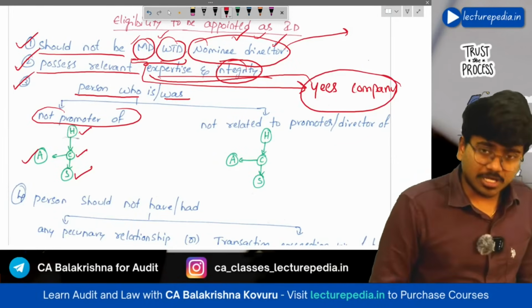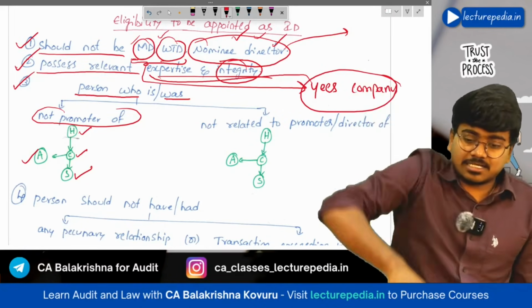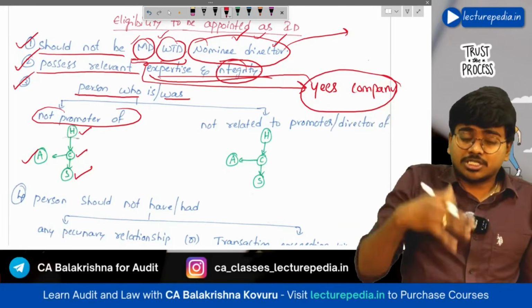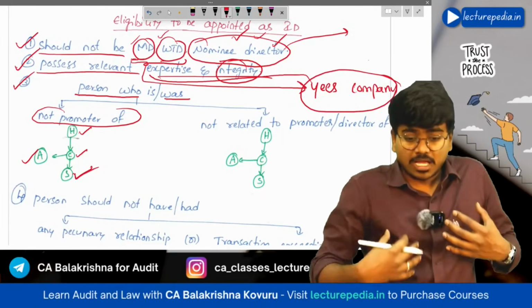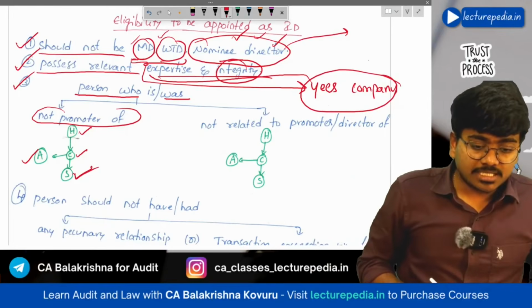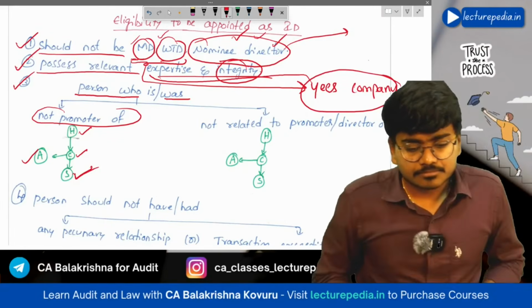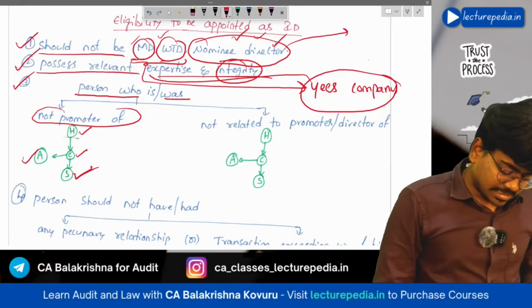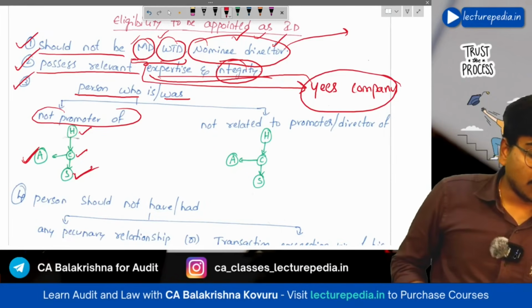Holding company means the company which has invested in your company, the company which is holding 50% or more shareholding of your company. Subsidiary company means the company in which you are holding 50% or more. And associate company means the company in which you have invested 20% or more.